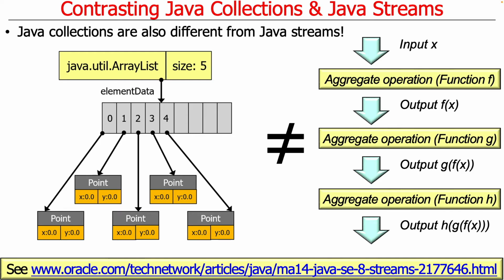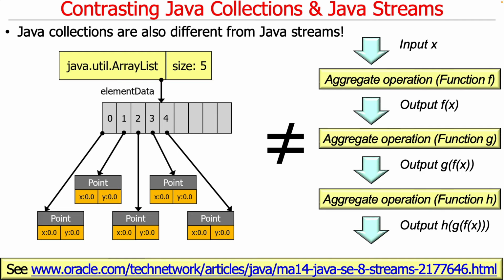Java collections are also different from Java streams. Here's an example of a Java collection on the left. This is an array list. An array list, as you probably know from taking CS 1101 or something equivalent, is a data structure that has a contiguous chunk of memory that stores pointers to elements.